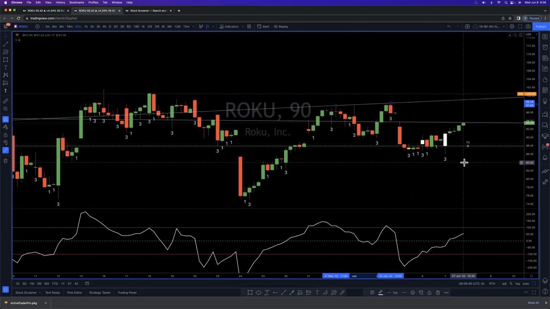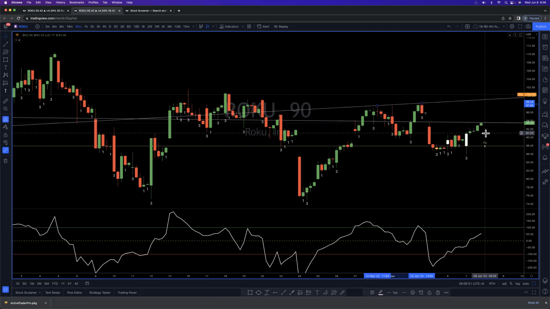All right, so I'm on the 90-minute. I know that if price trades below this range, which was yesterday's high, we look for a short, right? So we're going to draw that down. This is actually a 3-day range here. Now higher, it's already above this 2-day range.